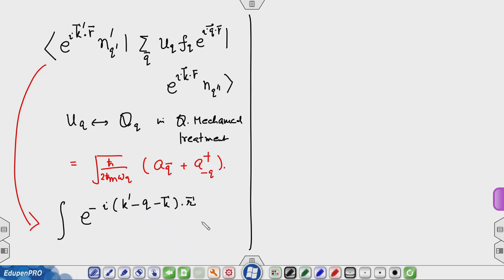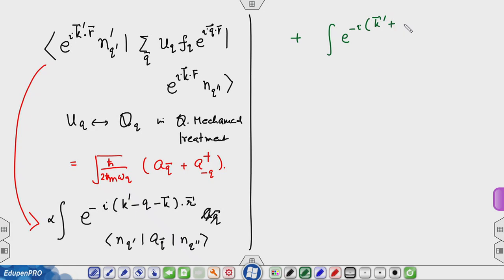and with that I will have the term a_q, this is proportional to, and then I will have the term a_q with n_q double prime and q prime, and I will have a second term plus the integral of e raised to minus i (k prime plus q minus k).